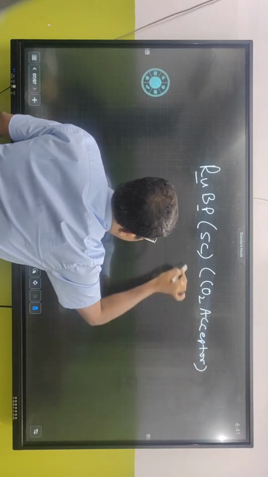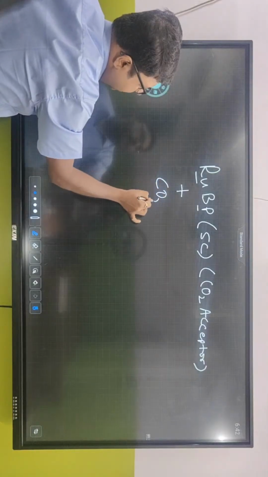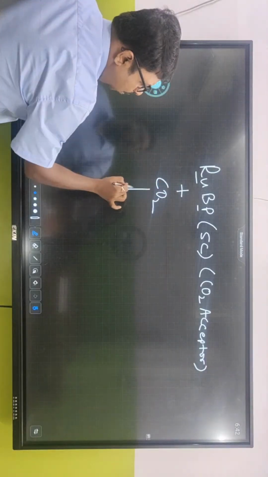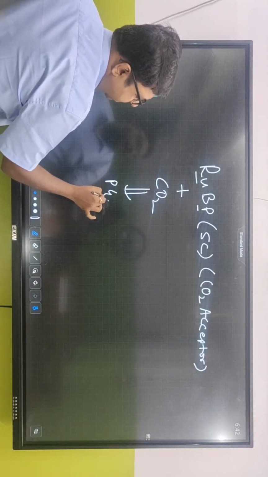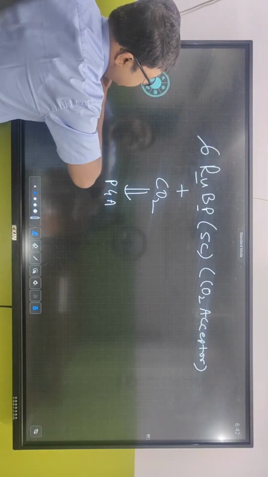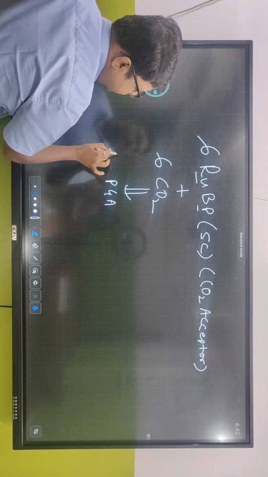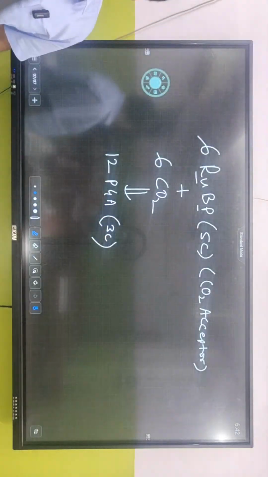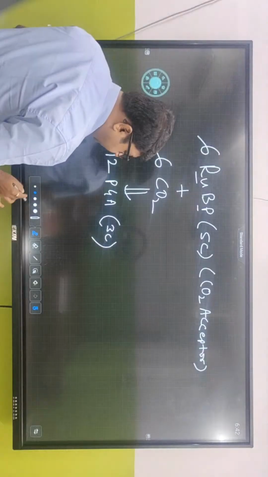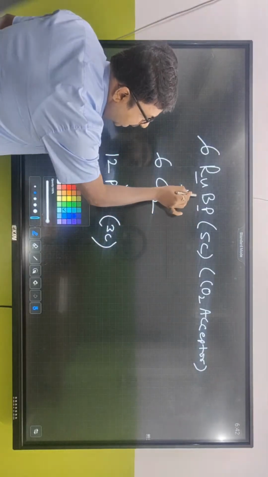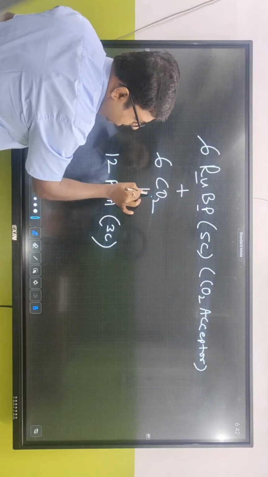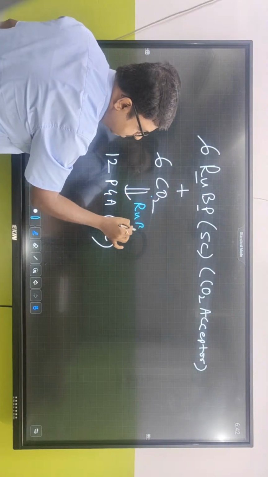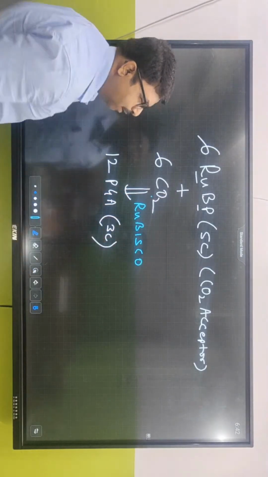RuBP is going to bind with carbon dioxide. What is the product? PGA. Take 6 RuBP and 6 carbon dioxide; it makes 12 molecules of PGA, which is a 3 carbon compound. That was the matter. Now, RuBP plus carbon dioxide in the presence of an enzyme. Tell me the name of the enzyme. Rubisco.